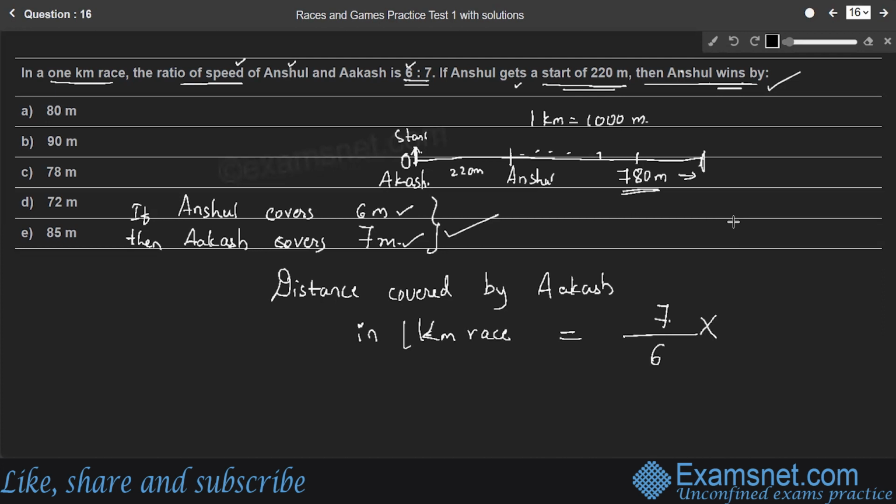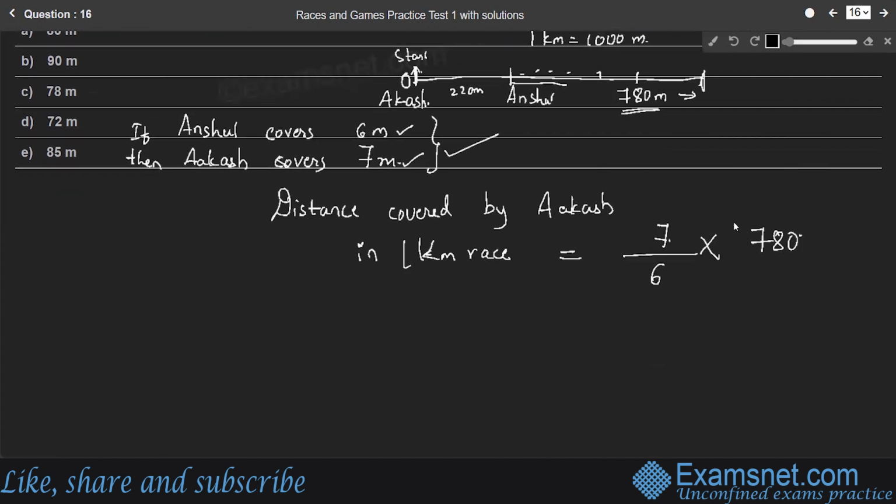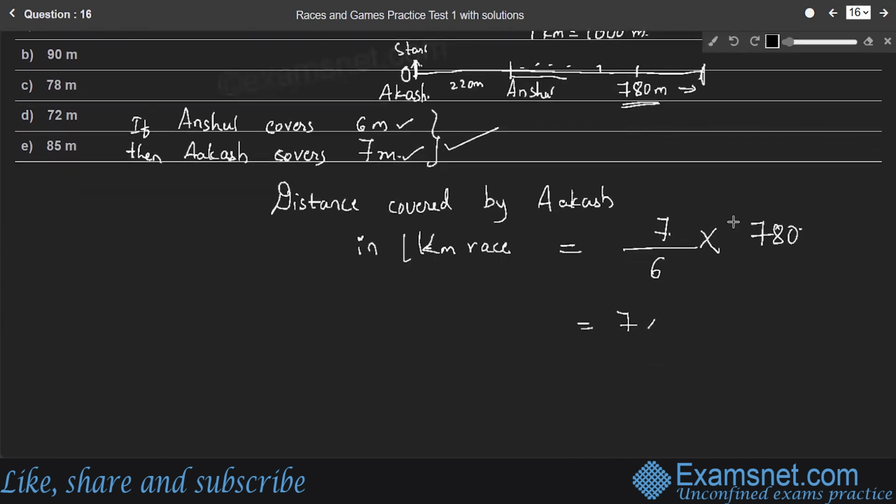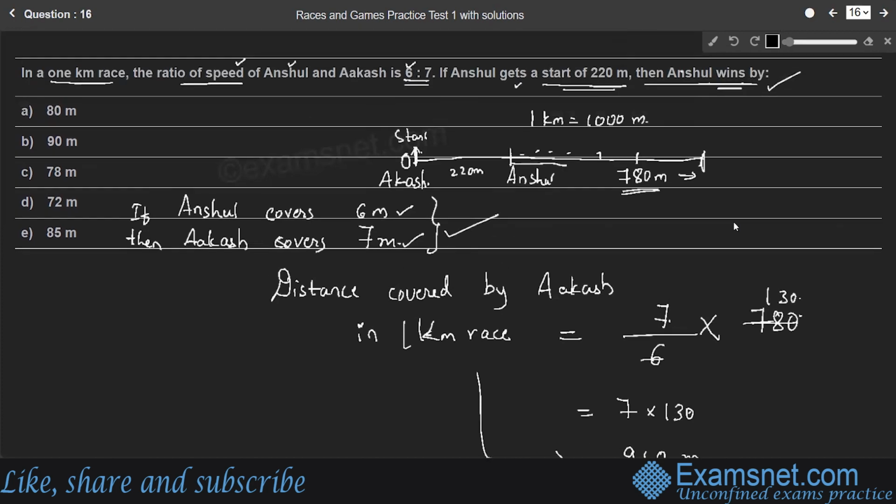Therefore, if Anshul covers 780 meter distance, what is the distance covered by Akash? So 6 into 130 is 780, so 7 into 130 is 910 meters. So Akash covers 910 meters.